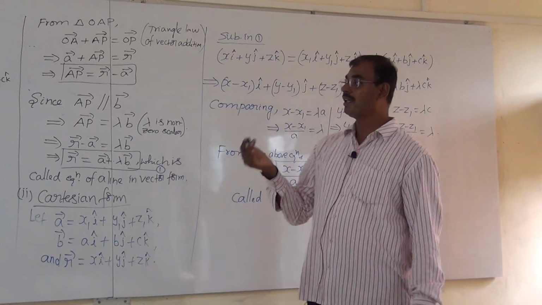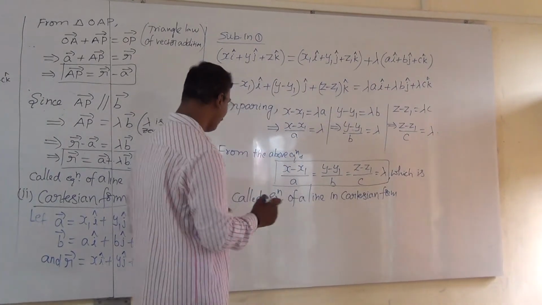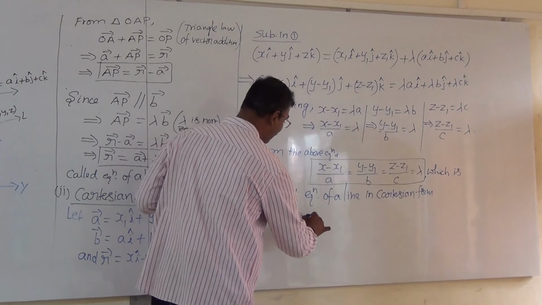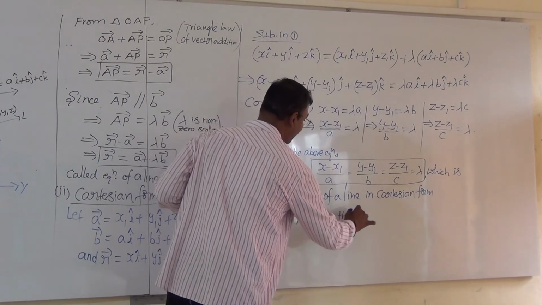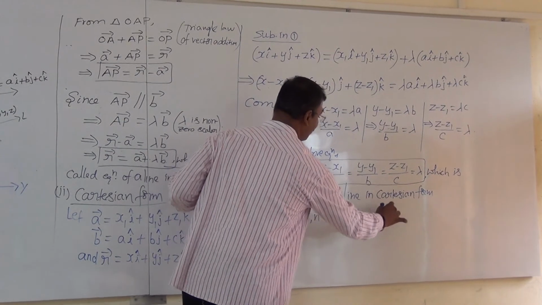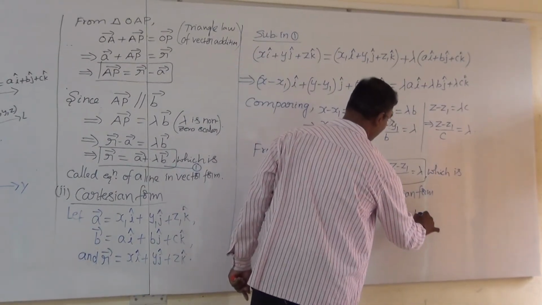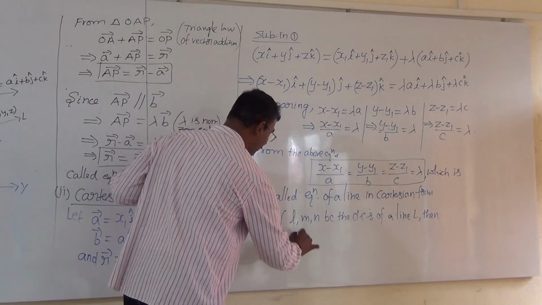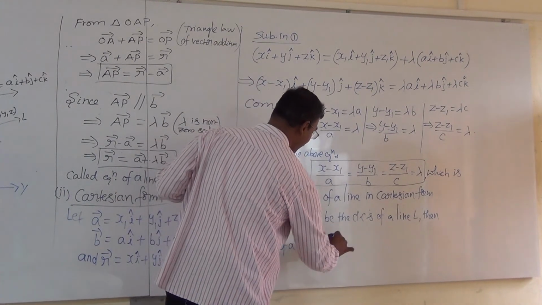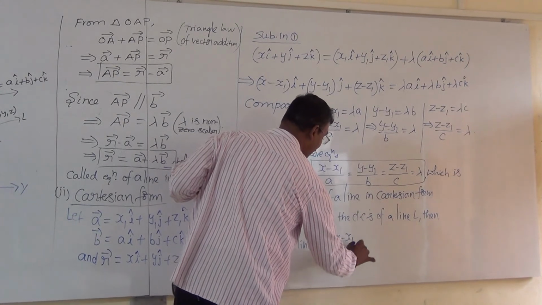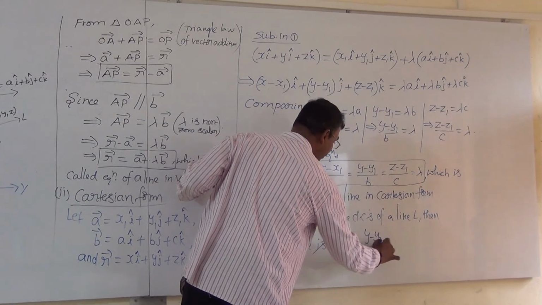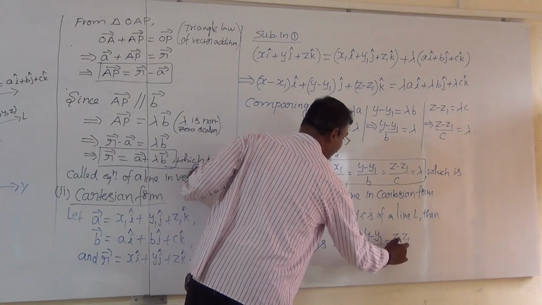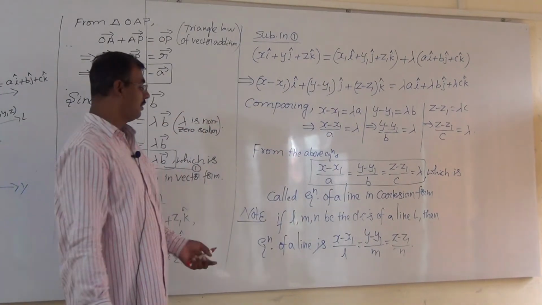If l, m, n are the direction cosines of a line L, then the equation of the line is (x minus x1) upon l is equal to (y minus y1) upon m is equal to (z minus z1) upon n. This is called the equation of a line passing through the point.